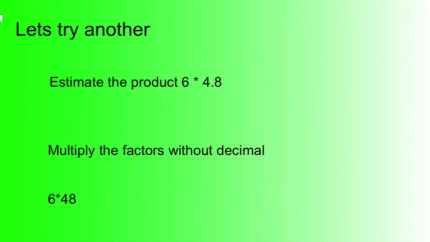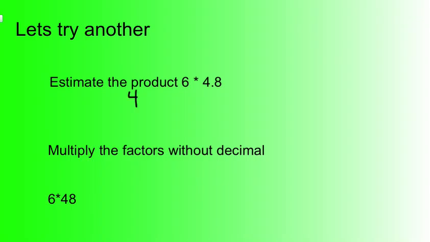All right, let's try another one. We'll do this one together again, and then pretty soon I'm going to cut you guys loose and see how you can do on your own. So the first thing we're going to do is estimate the product of 6 times 4 and 8/10. Now 4 and 8/10 is close to being what number?